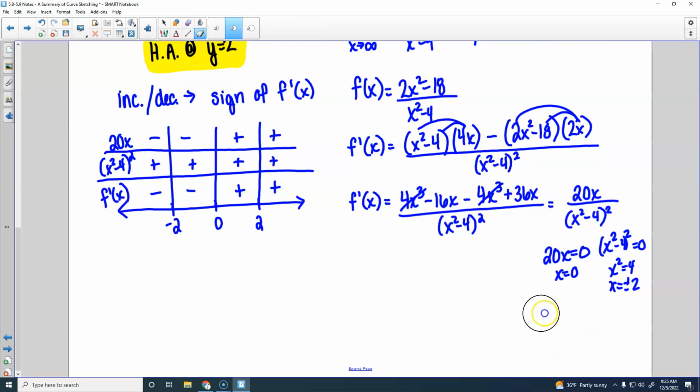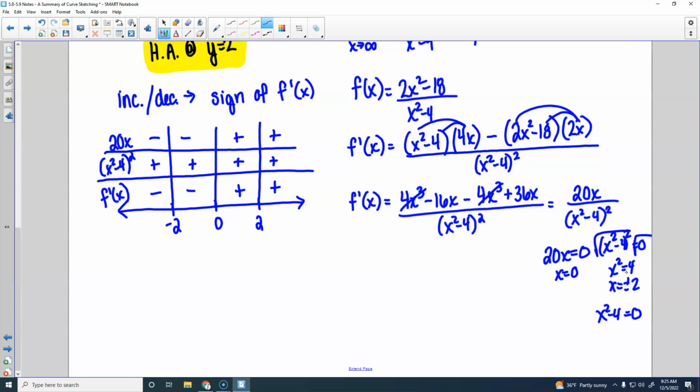So what I did there, to get rid of that square, you can just square root both sides, which will give you, I didn't write that step, x squared minus 4 equals 0. Then you just move the 4 over. Okay, other questions?